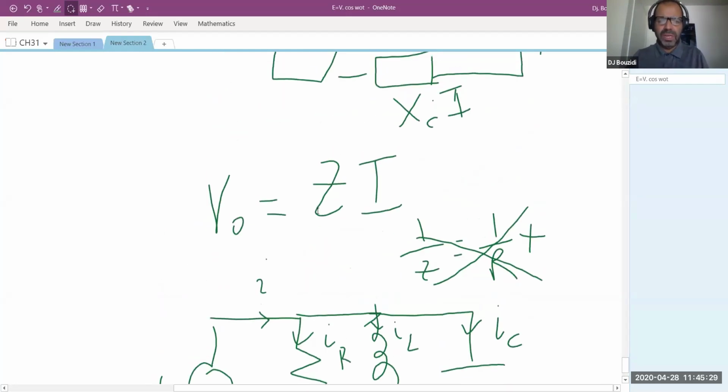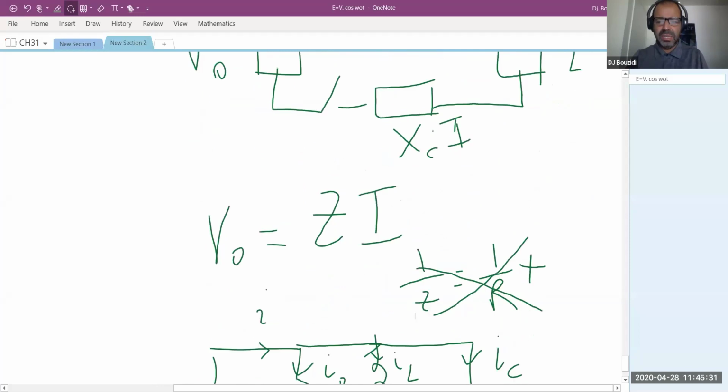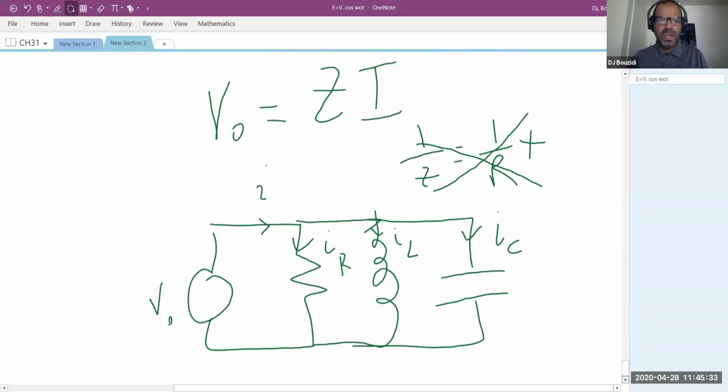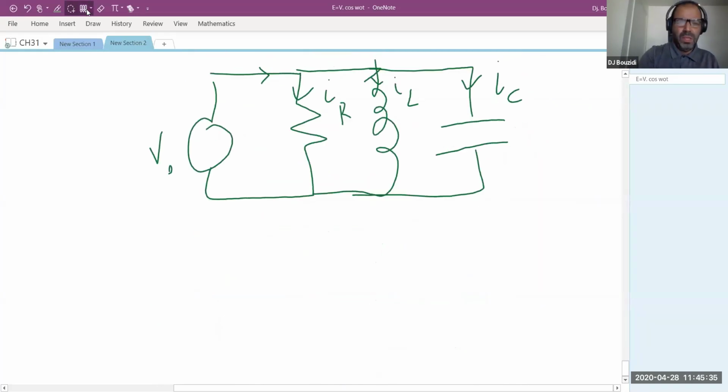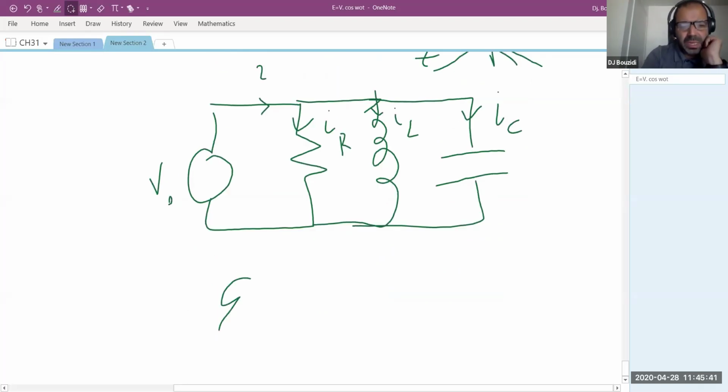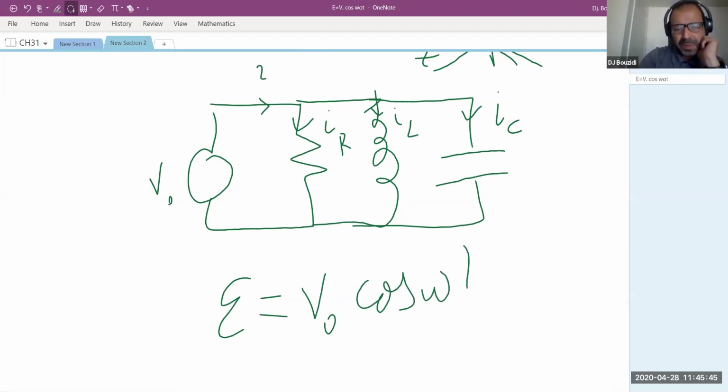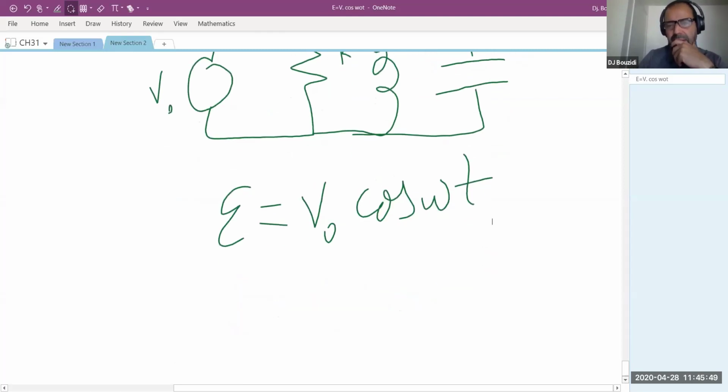Anyway, let's go back and finish this discussion in terms of the power. The voltage coming from the power supply, which is given by the EMF, is equal to V naught times the cosine of omega t. That is the voltage across the power source.